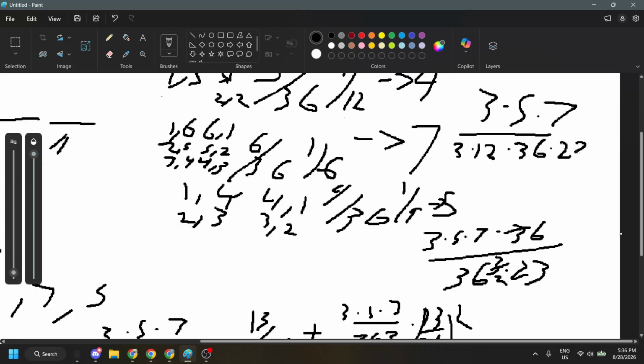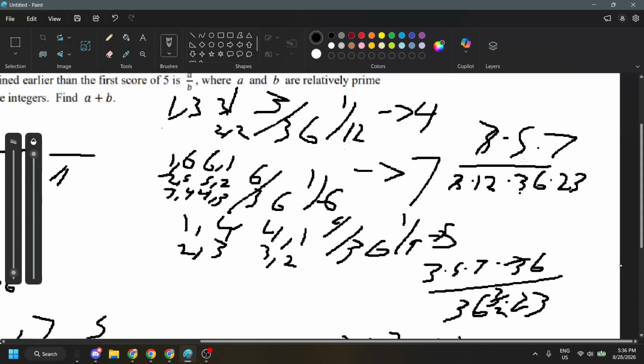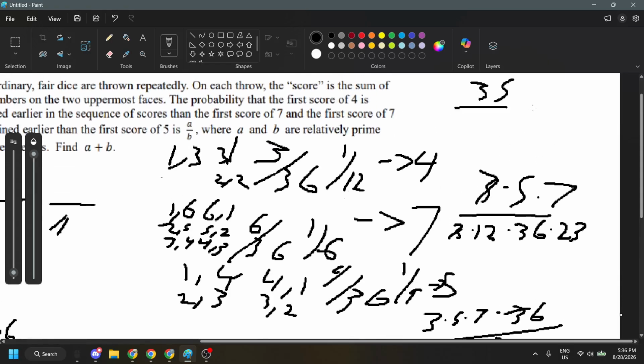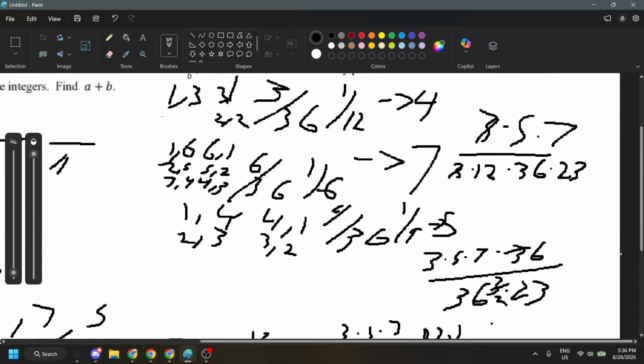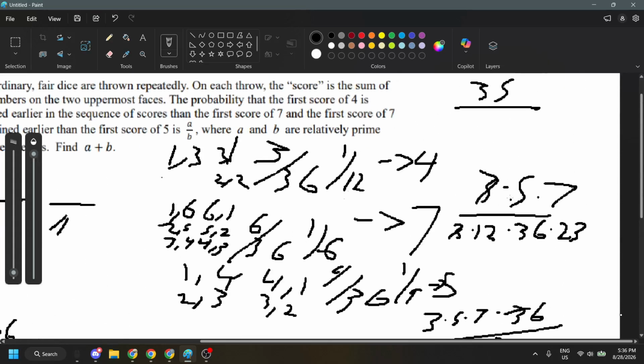The 3's cancel out. This goes to 35 on the top, and this is a huge number on the bottom. 12 times 36 is 360 plus 72, which is 432. I think, right? Let me double check. 360 plus 72, yes.